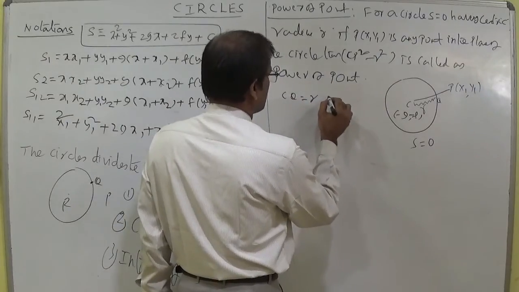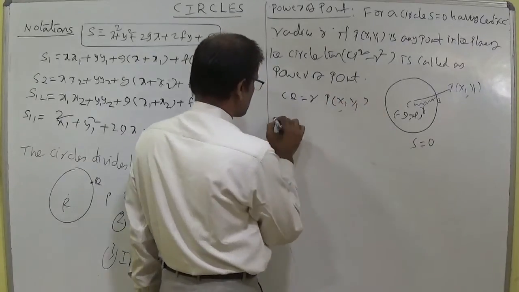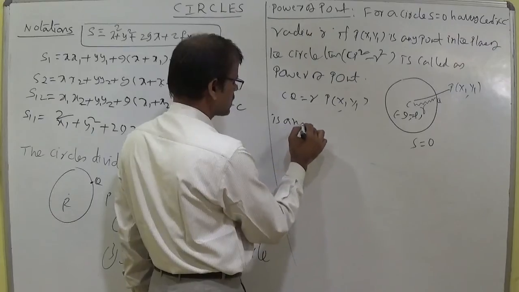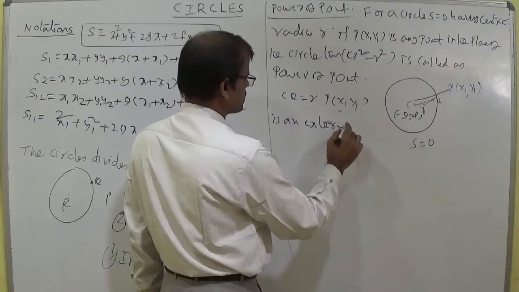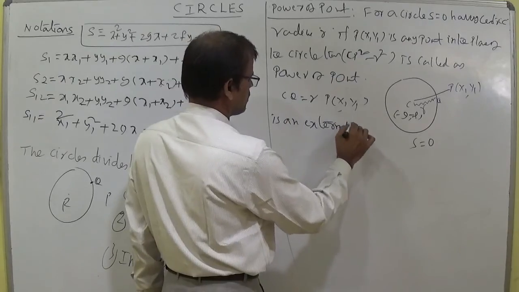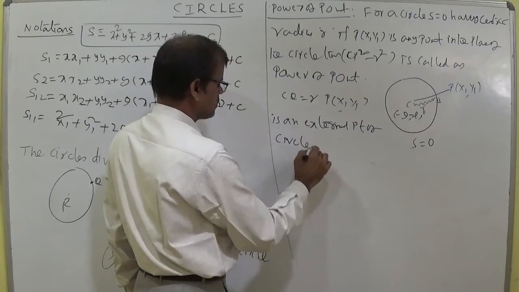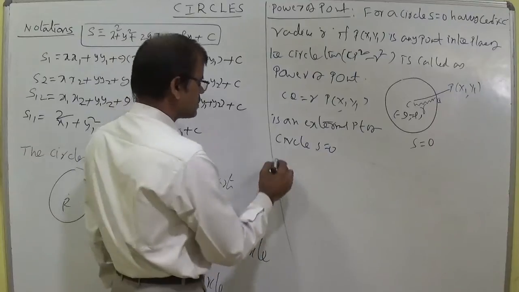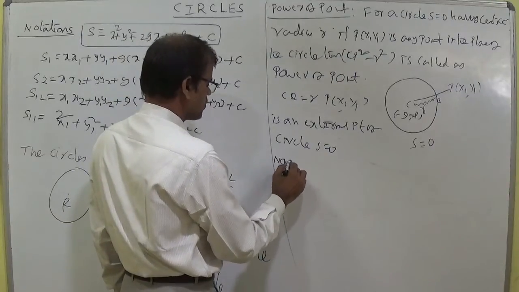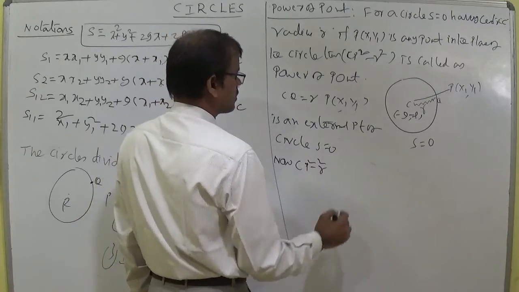And P(x1, y1) is an external point of the circle S equal to 0. Now we can write CP square minus r square.